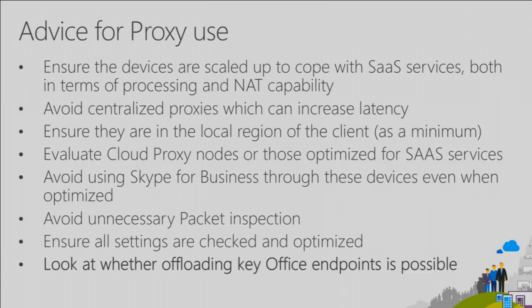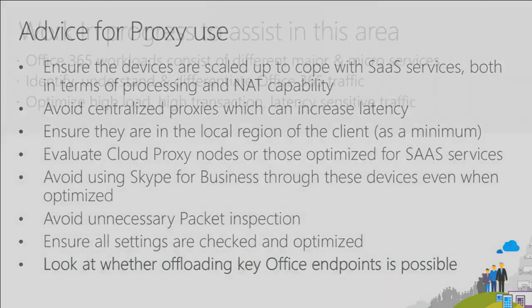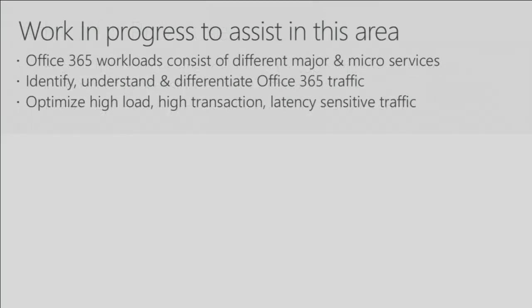And one of the best things you can do if a proxy is required is look at whether you can offload key Office endpoints. And I'll talk now about what we mean by that, because this is a work in progress. Traditionally, we've said to customers, bypass proxies for your Microsoft URLs, because that gives you that performant connection. You can ensure that the load that we talked about, which causes problems, is bypassing those proxies, and therefore we can deliver them performantly.